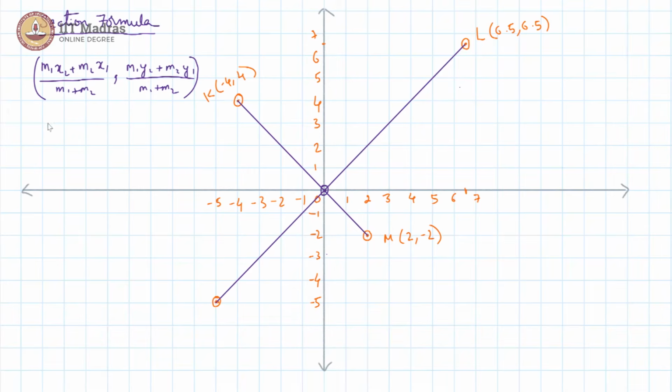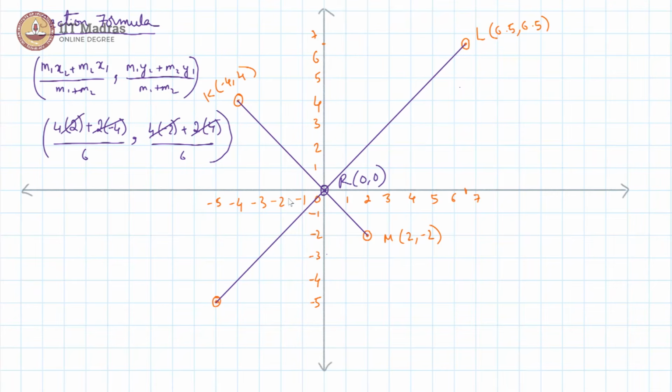So in this context, R is going to be 4 times 2 plus 2 times minus 4 by 6 comma 4 times minus 2 plus 2 times 4 divided by 6. These two cancel out because it's 8 minus 8. These two also cancel out because minus 8 plus 8. So it is true, R, the point, is the origin.